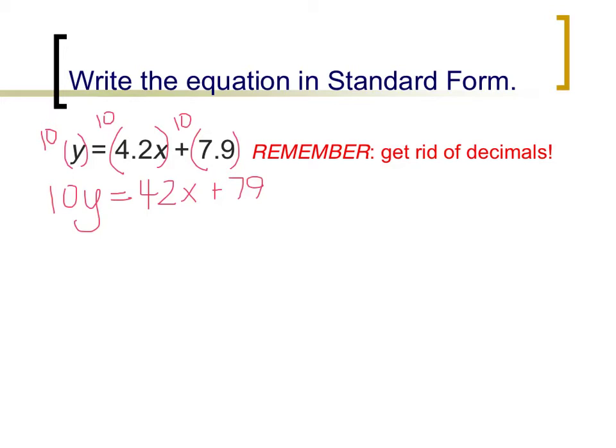Okay, now that my decimals are gone, I want to get this x to the other side with my y. So I'm going to subtract 42x from both sides.